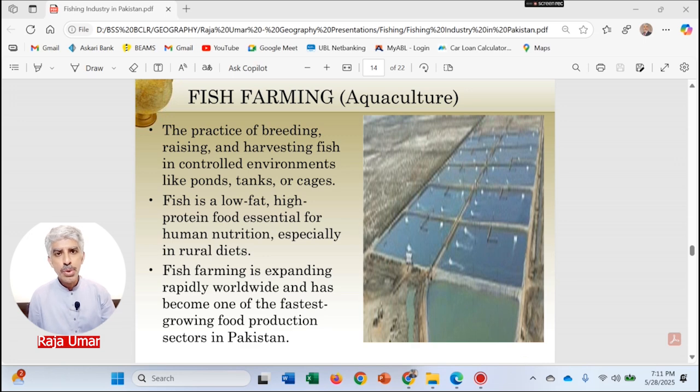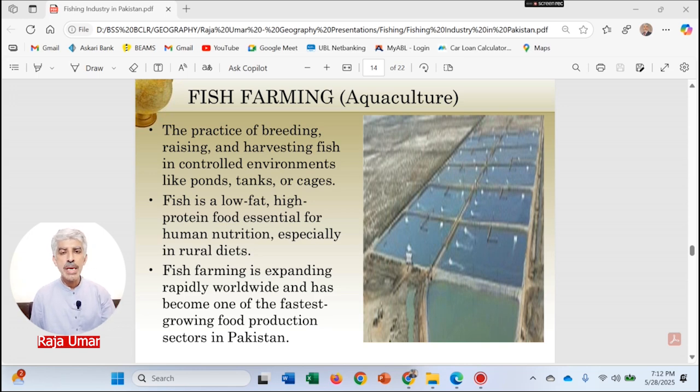And these days we are discussing the geography of Pakistan, and we are talking about the fishing industry of Pakistan. We have discussed many of the issues related to this particular topic. We have talked about what fishing actually is and how this industry works, and what the different types of fishing industries in Pakistan are.